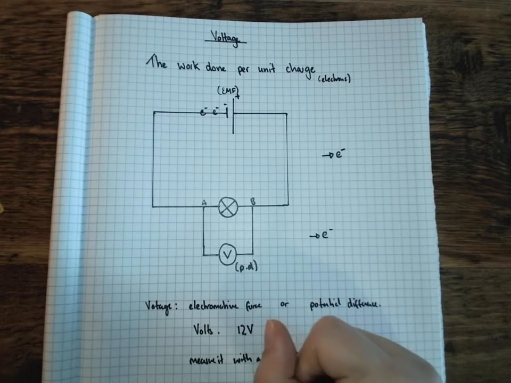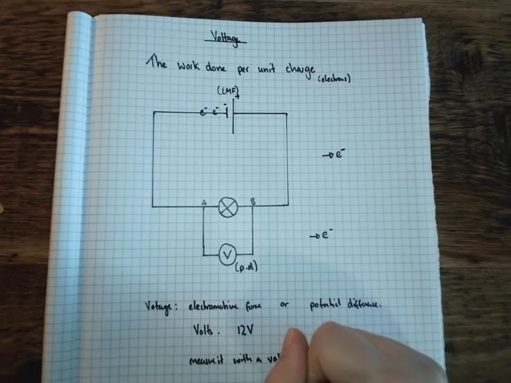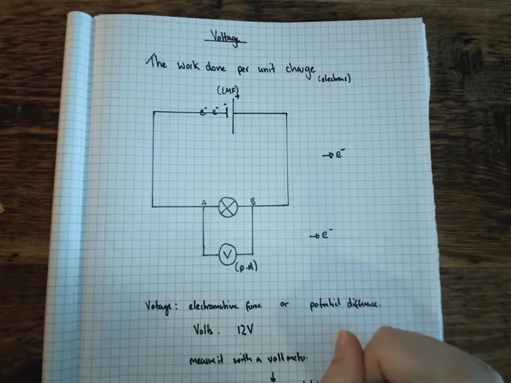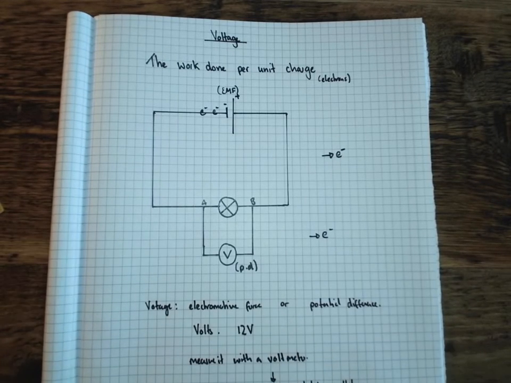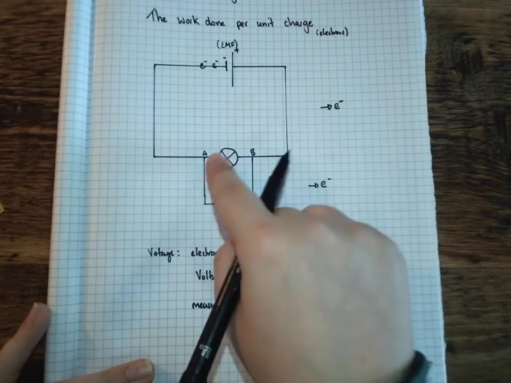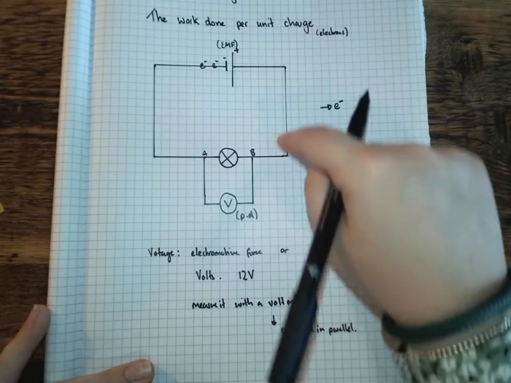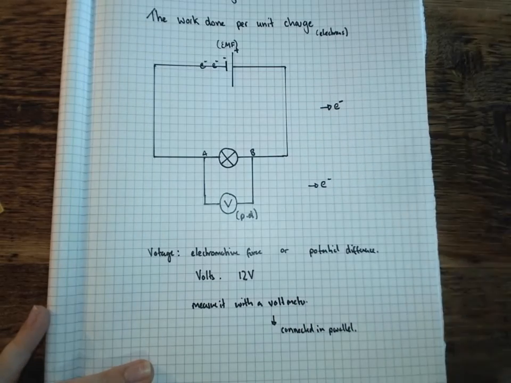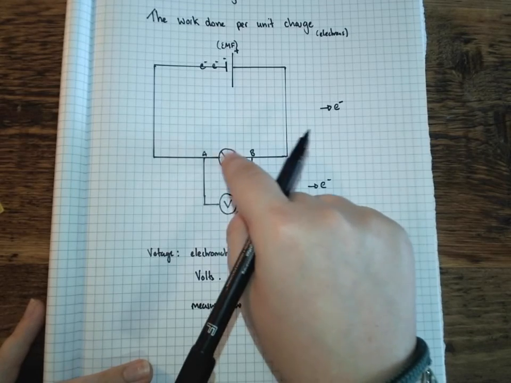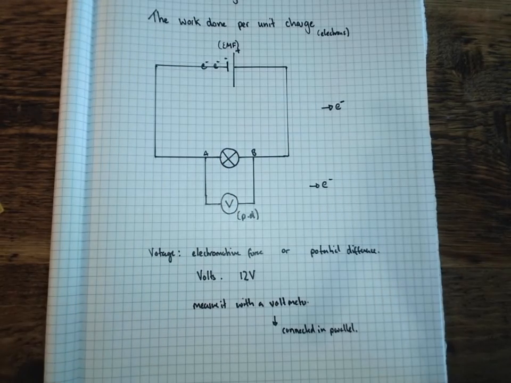So they must be connected in parallel. So voltmeters are always connected in parallel. We never put them in series, all right? So they always go across. So for example, if I wanted to measure it across this light bulb, it would tell me how much voltage this light bulb is getting.